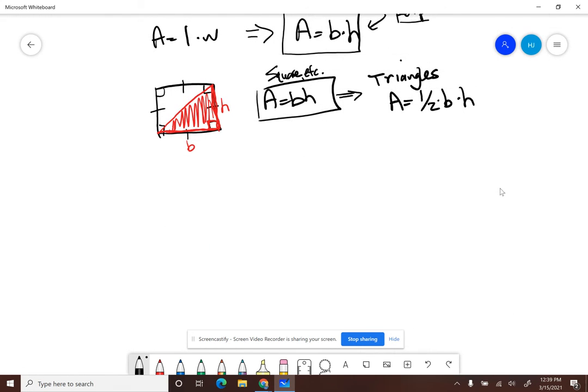So if we're looking at a particular triangle, and again, sometimes they will give you more information than you need. So let's say that is 10 inches. And let's just say, for example, this is 9 inches. One would be tempted to just take 10 times 9 and multiply that times half and work that all out. But again, this 9 is the length of this side.